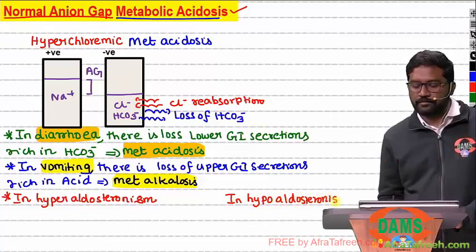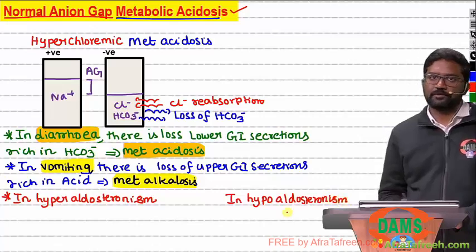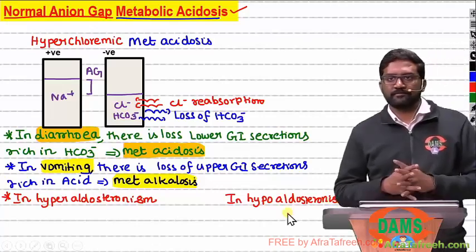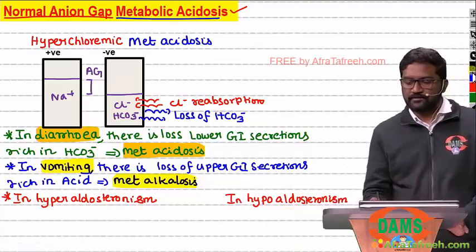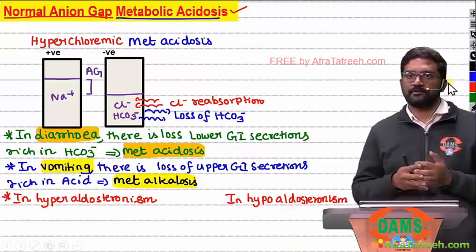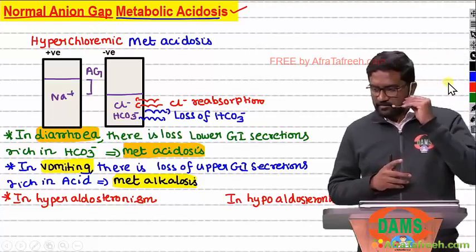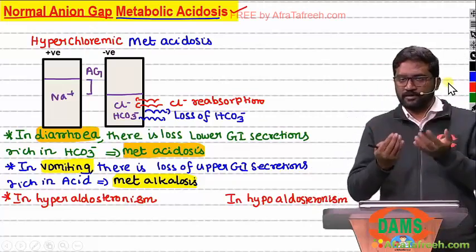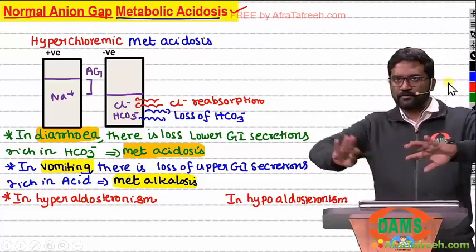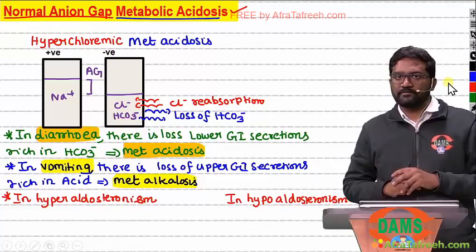First of all, tell me, where is this aldosterone essential? It is essential in the collecting duct for reabsorption of sodium and water. So for whatever sodium is coming inside, what will go out from your body? K plus and H plus.